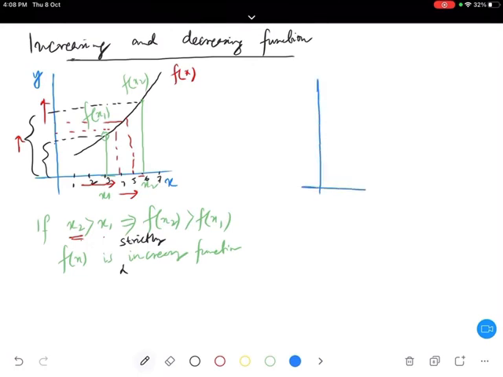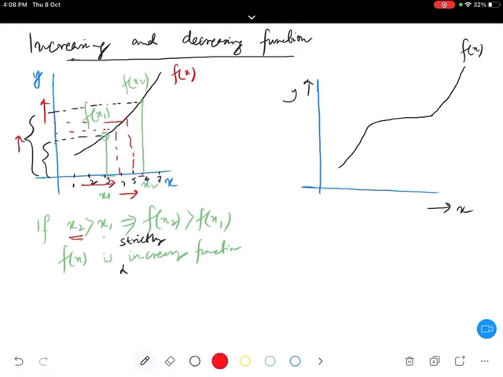So here I will draw a graph, and the graph looks like this one. Let me draw it nicely. So this is what my graph looks like. Here this side is my x, this side is my y or f(x), it is the same thing. So f(x) is this one.